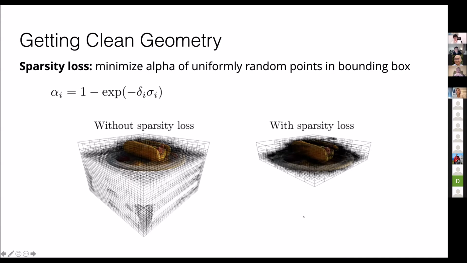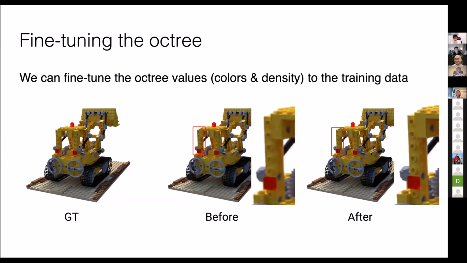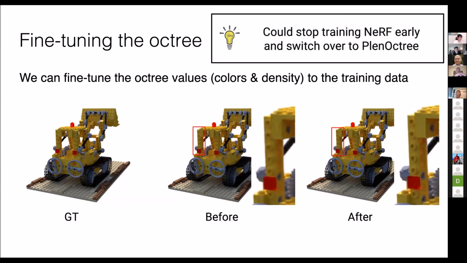So that's one. The second thing is you can actually fine tune the octree values to the training data. There's nothing different once you convert it to the PlenOctree. So you can see that this is the ground truth. This is right after you convert your NeRF, after training a while, to PlenOctree.